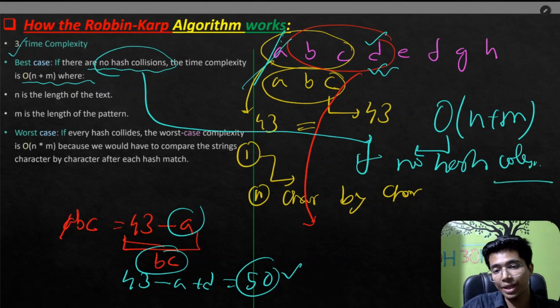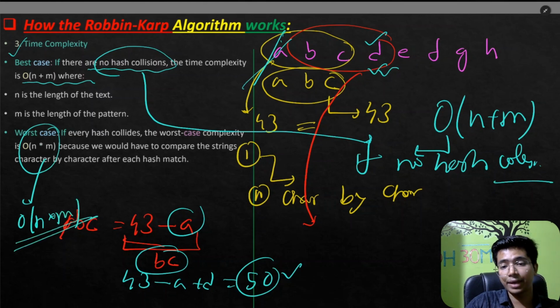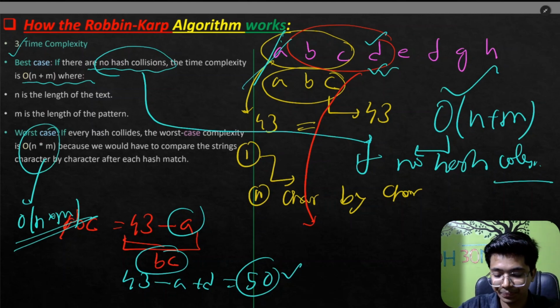In the worst case, if there are a lot of hash collisions, it becomes big O of n times m, similar to the naive approach. But there is a very low chance that this will occur, and on average we get this time complexity using the Rabin-Karp algorithm, and that is why we utilize it.